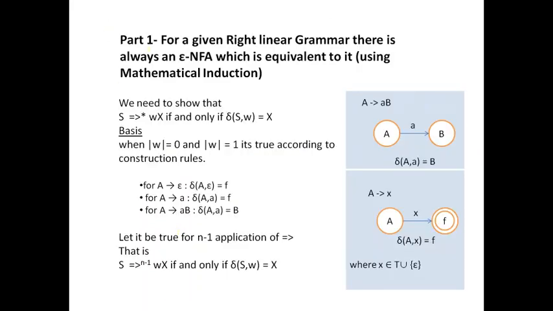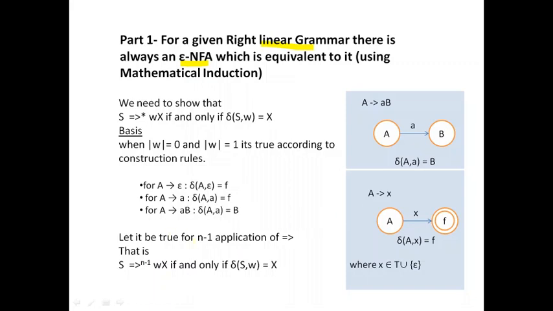The first part is for a given right linear grammar, there is always an epsilon NFA. Again, we are going to prove this using mathematical induction.